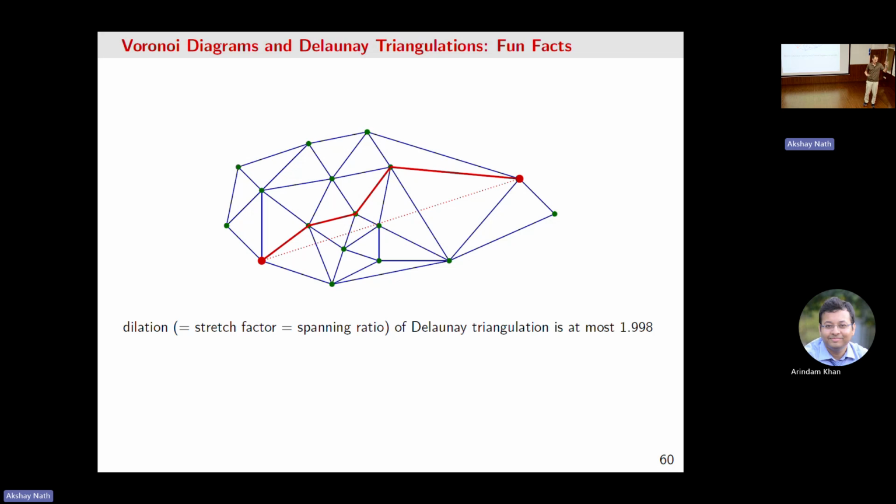So the number of edges is n divided by epsilon. Stretch factor 1 means there's only one way to get it: take the complete graph, so you need n squared edges. But as soon as you're happy with stretch factor 1.1, you can do it with a linear number of edges, order n.